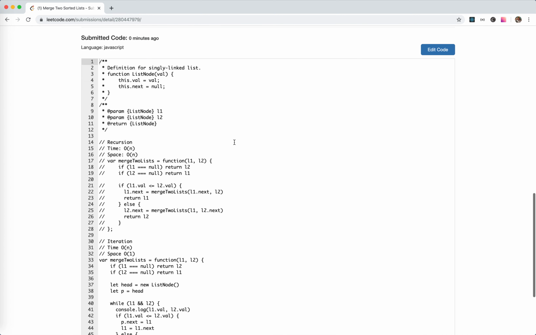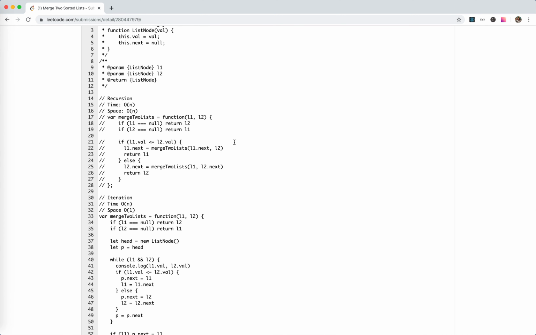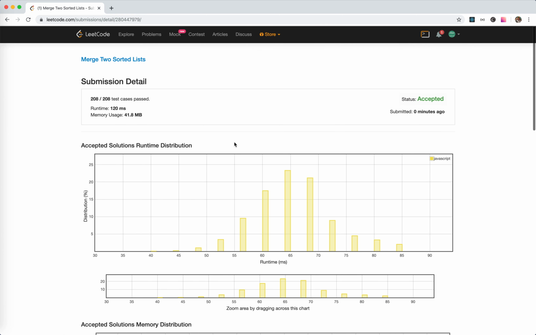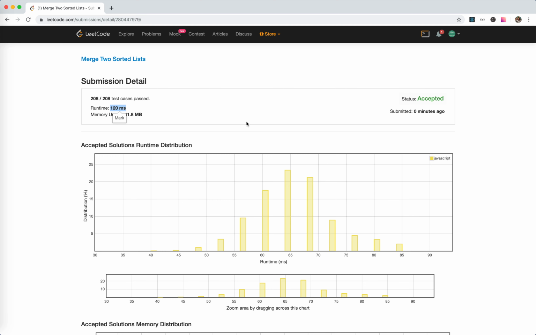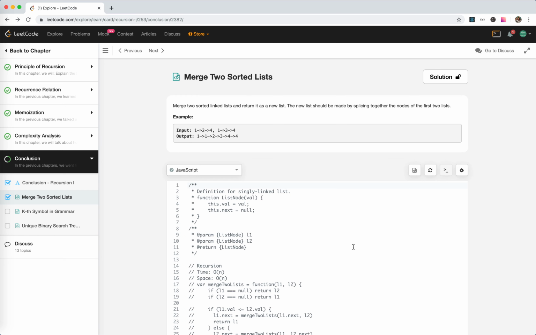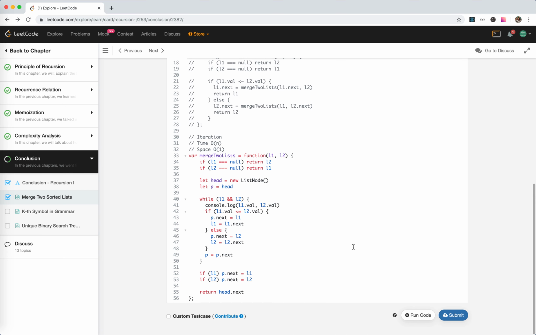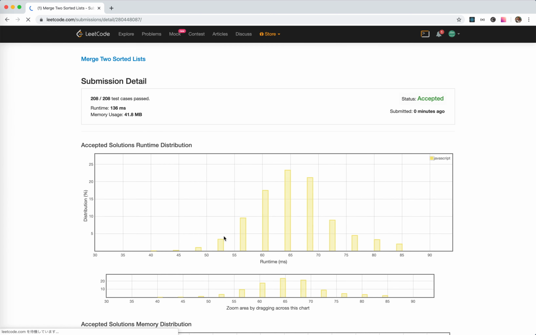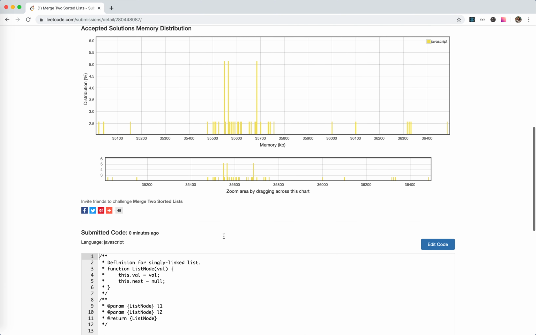It's so slow. What? We spent 120 milliseconds. Wow, it's not even on the board. Is it that slow? It's crazy. Sometimes it's unstable, so wow, it's so slow.